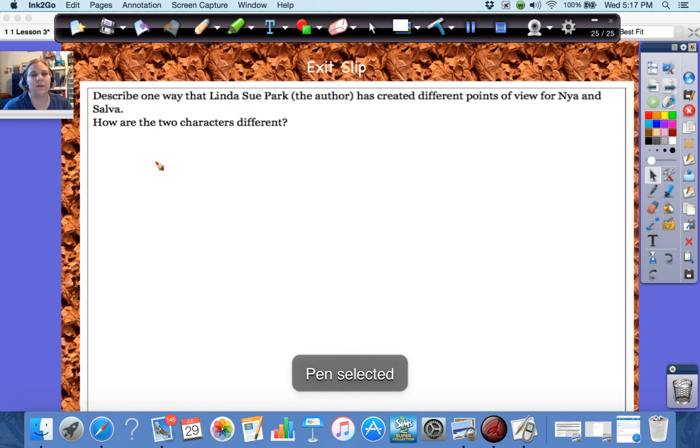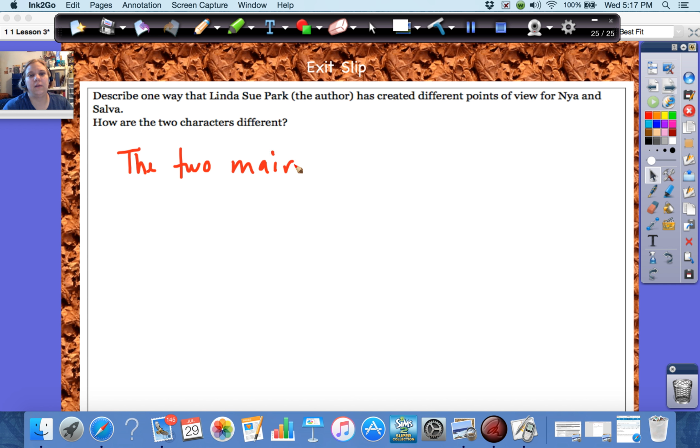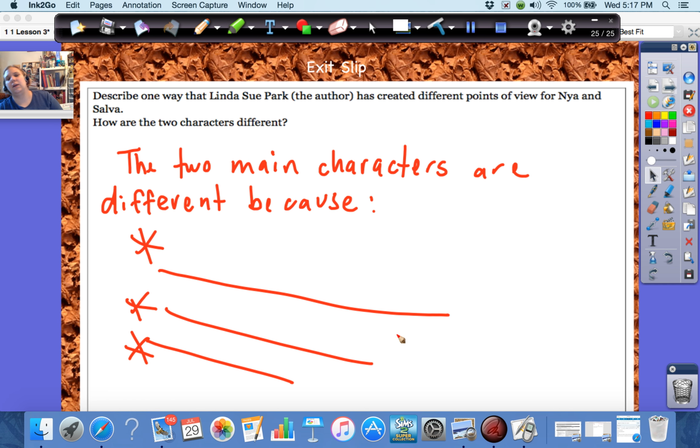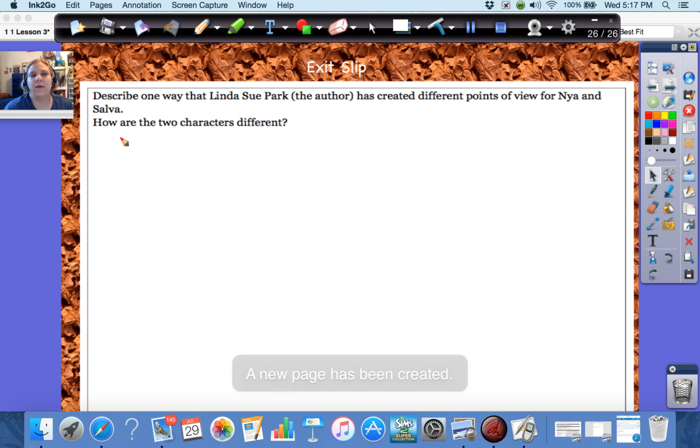Okay, so you might start out, the two main characters are different because, you know, you don't have to put that, but what do you think? And this is an exit slip. You could do bulleted points if you wanted to. Okay, this isn't formal writing, just really jot down what you think here, and then we'll see how everybody does.